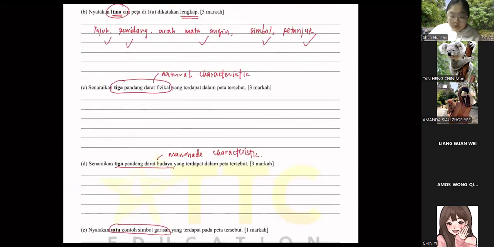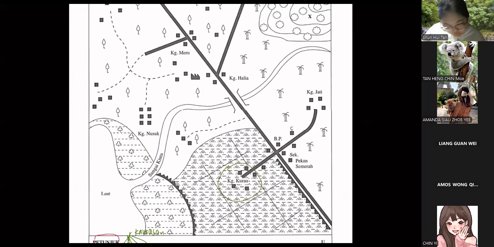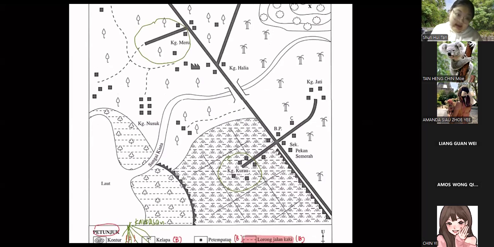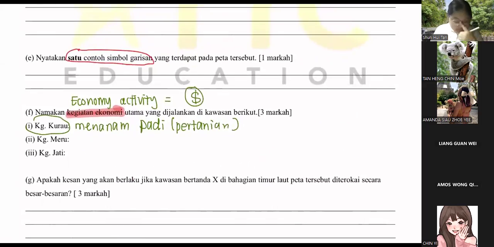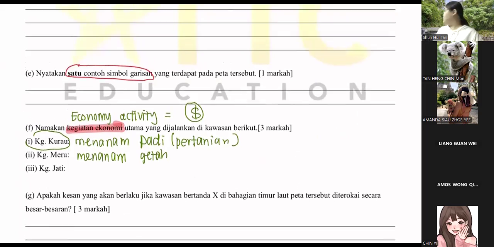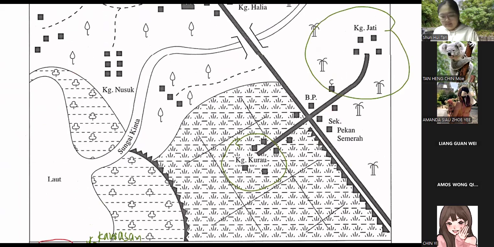Now, and then Meru, how about Meru? Meru have what? Getah and kilang, ya. So in this situation, you can say menanam getah, or menoreh getah, yes. Right? And then Kampong Jati. Jati have what?